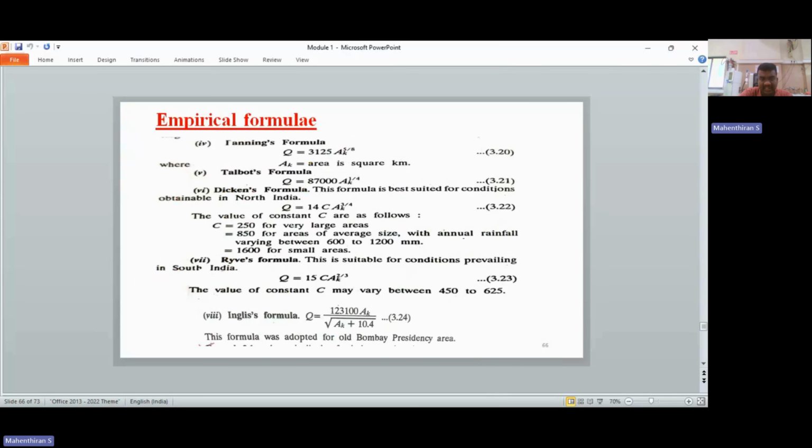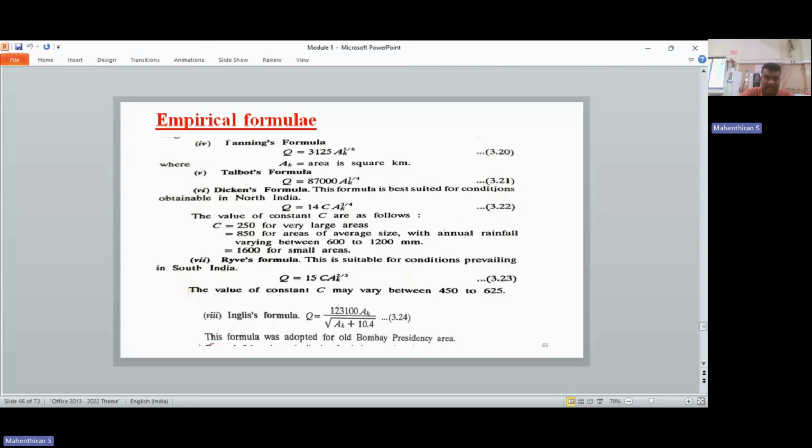Now, the Dickens formula is Q equal to 14 C AK to the power 3 by 4. The value of C changes depending on the size of the catchment and the rainfall.